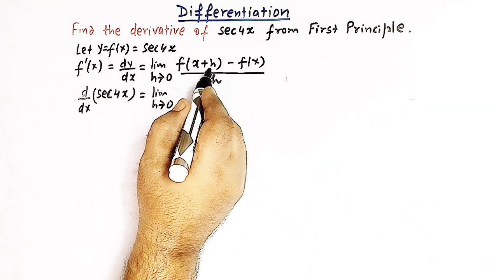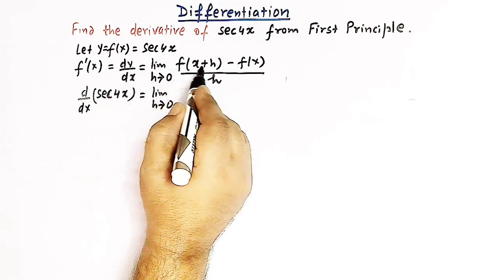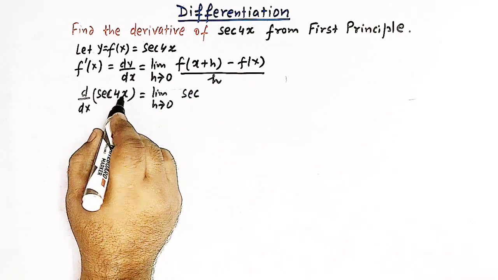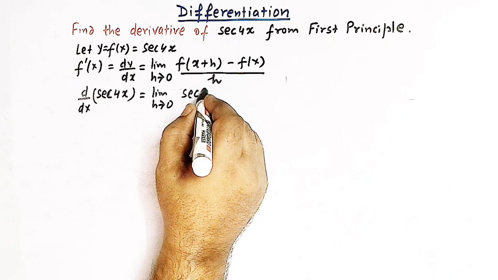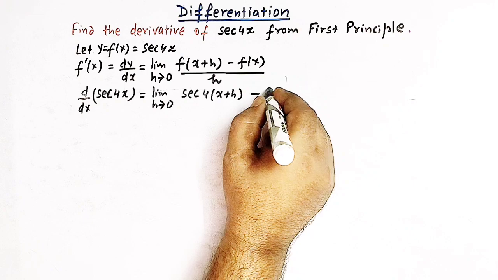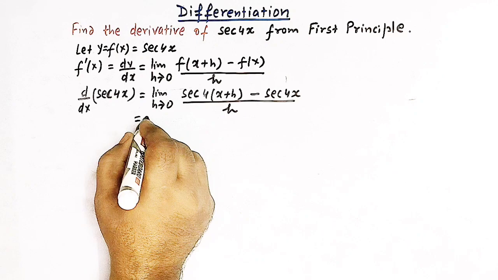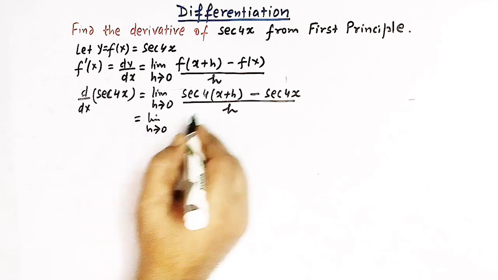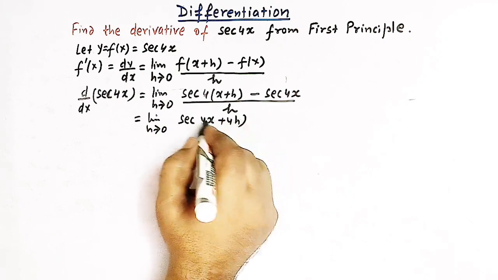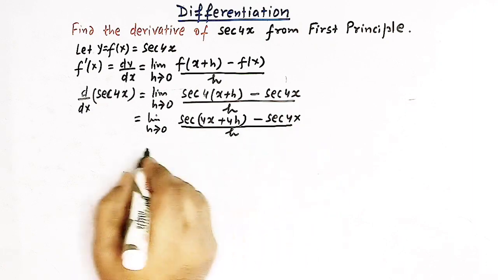So f of x plus h, now f of x is given as secant of 4x, so f of x plus h can be obtained by replacing this x by x plus h. So we have secant of 4 times x plus h, then minus f of x, this is secant of 4x, divided by h. Now let us simplify this expression. So we have secant of 4x plus 4h, minus secant of 4x, divided by h, right?